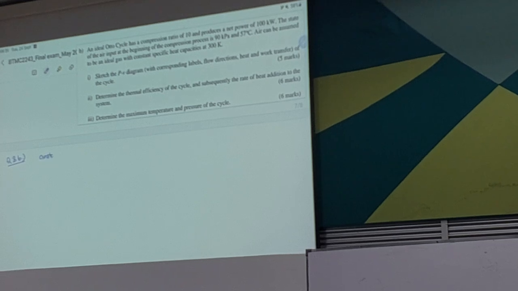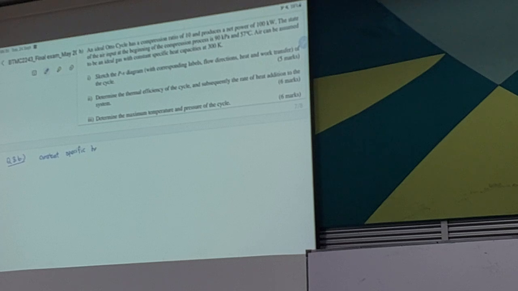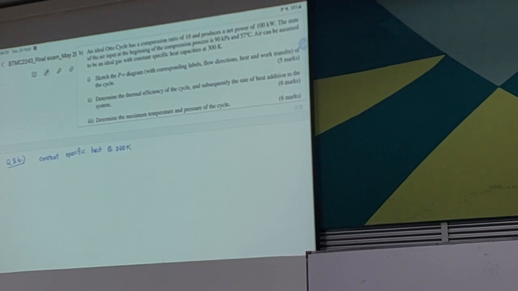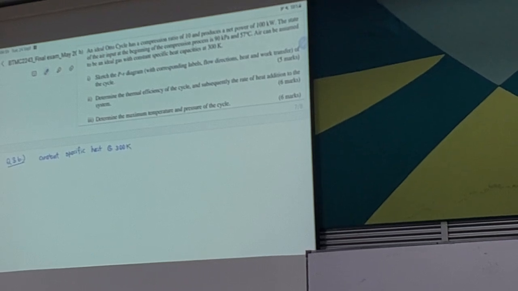So you are asked to use the constant specific heat method. So you use the equation, don't use the table. So when I say this is at 300 Kelvin, just stick to the values at table A2.